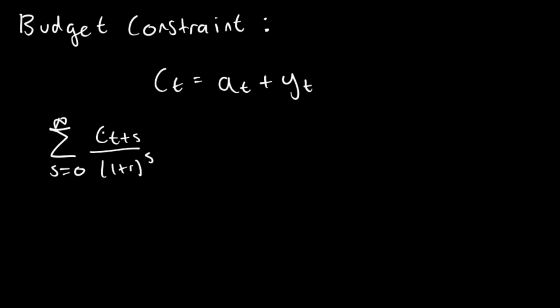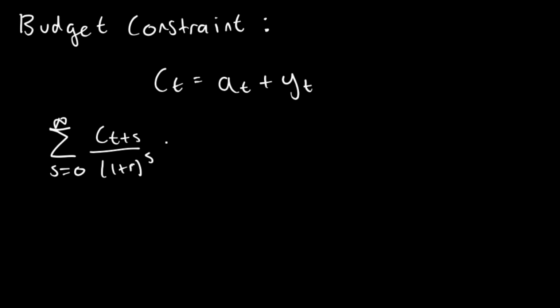So this is our consumption over infinitely many periods, and we're discounting it by the interest rate, which is 1 plus r. Whatever period we're in, s, also has an effect on the value of the discount factor, which we're dividing consumption by, because we have to take the present value of consumption from the future.